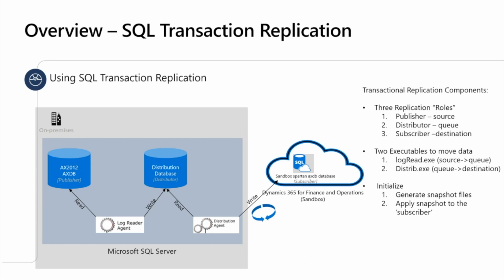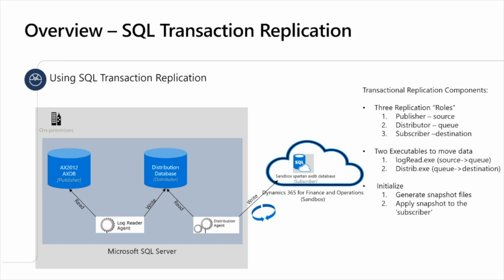Snapshot is important. Generation of a snapshot and delivering the snapshot to the subscriber is an important step, and based on your database size, may take time, right? So what we are doing with this toolkit, so typically if you have worked with SQL transaction replication process, you could set up publisher, distributor, etc. You have ability and tools to set up all these components, right?